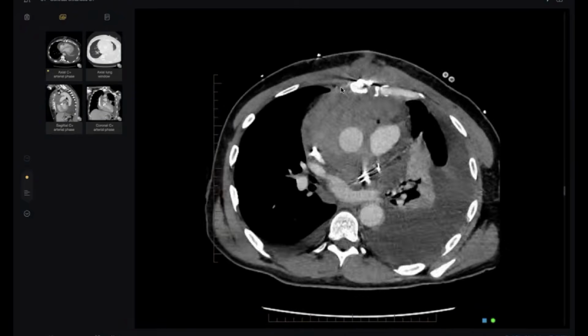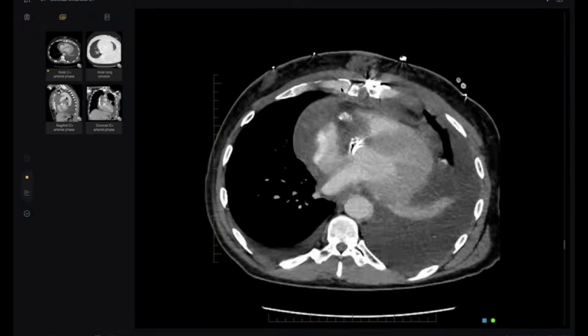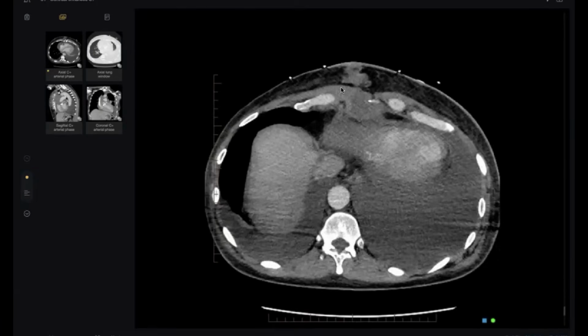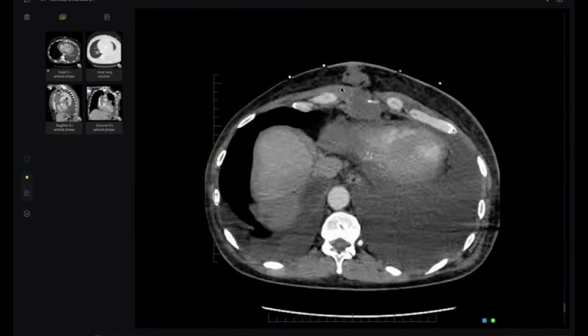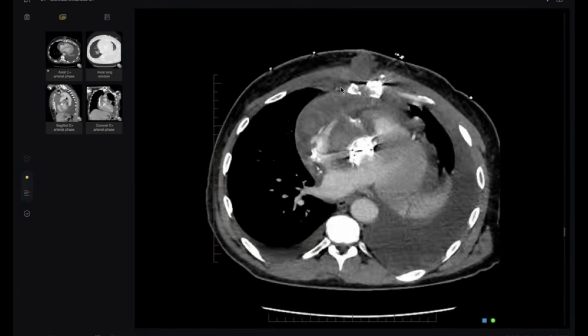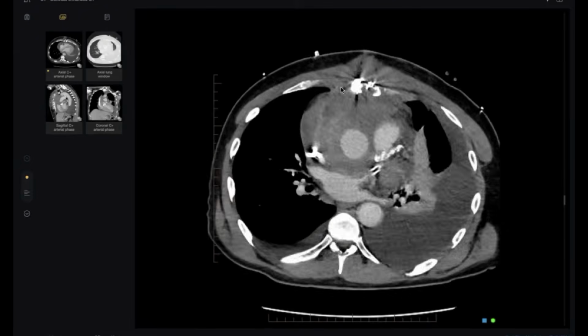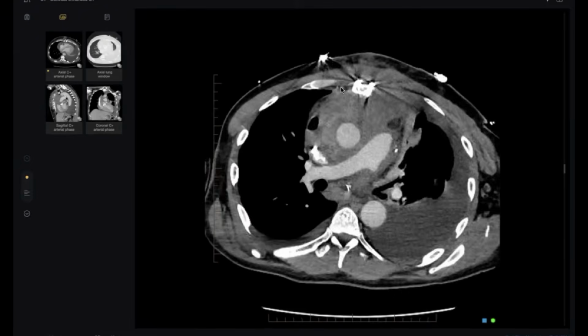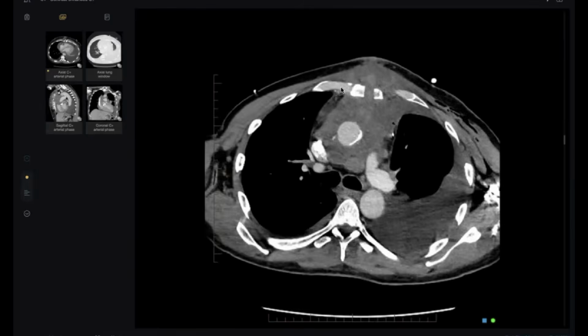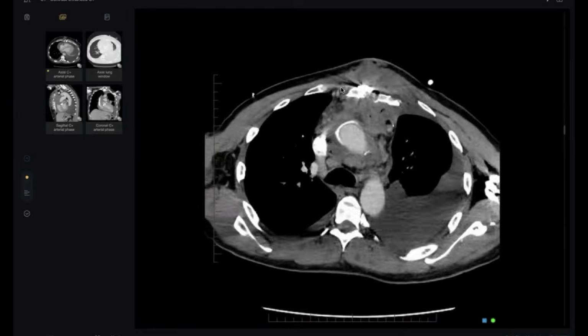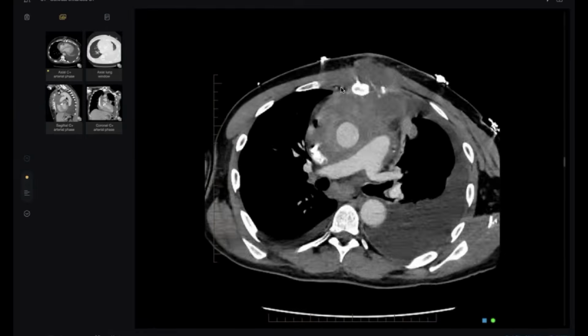Yes, it's very urgent. Why? Because of the risk of sepsis and maybe aortitis. Yes, it is fatal, completely fatal. What other causes of mediastinitis do you know?